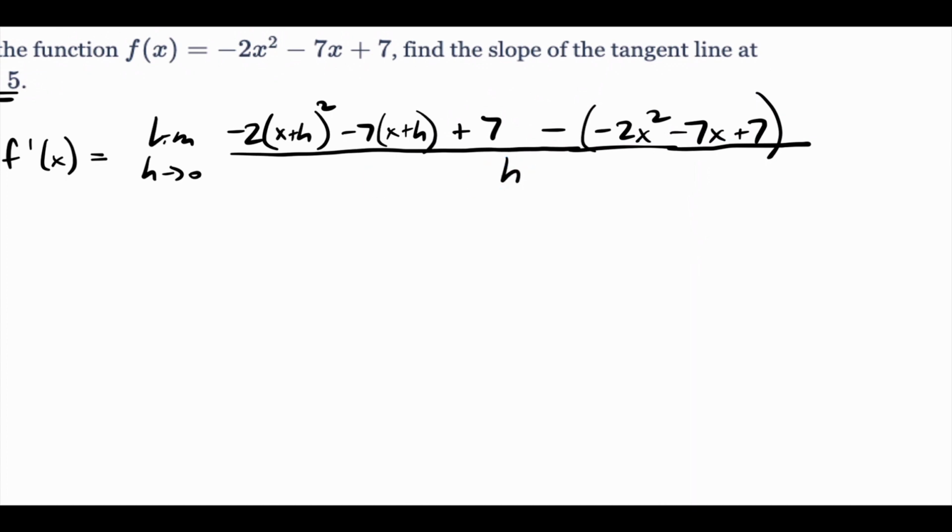So this one was a trinomial. The one we just did was a monomial. It had one part. So this one's got more parts to it. So that's why there's more x plus h's. Everywhere there was an x, I plug in an x plus h. So if I were to plug in 0 for h, I would get negative 2x squared minus 7x plus 7 minus the same thing, right?